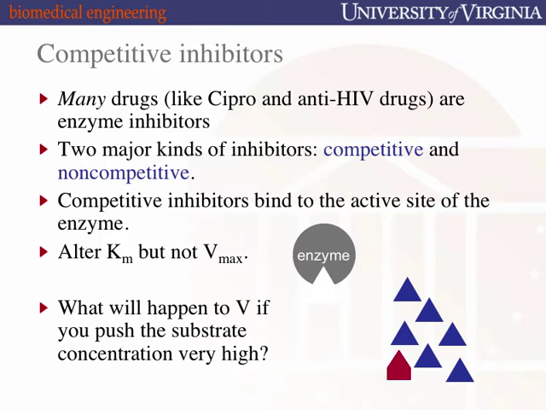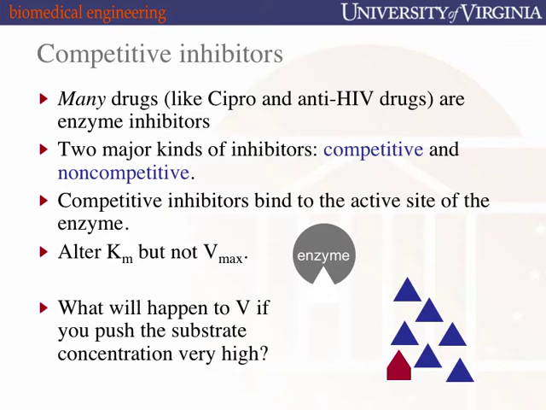And so what you'll find is that if I were to draw this out, oh, that's kind of tailing off. All right, here's Vmax. When I add a competitive inhibitor, what I'm going to get is something that looks like that.